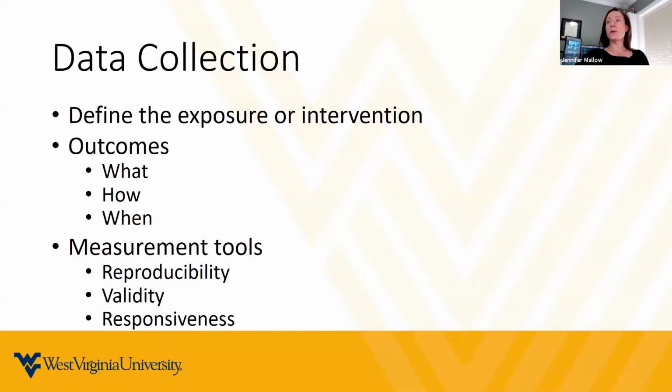And when the measurements were made, for example, during the screening visit, after a 12-month follow-up, and then cite original research on existing measurement tools that you used, and state if you designed a tool specifically for that study. Provide details on the measurement properties. Is it reproducible? Is it valid? Is it responsive? Is it reliable? And if they are crucial for the interpretation of the main results, you definitely want to report on those psychometric properties of the tools that you use.